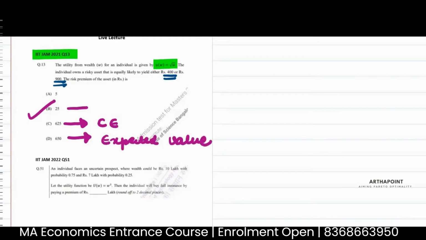And this is what we calculated as the gap between the two, which is risk premium. You have to be very careful while solving that you don't end up marking anything wrong, because all these numbers will come while you're solving. But you have to be careful that you mark the right answer.